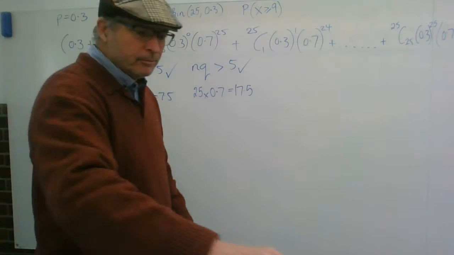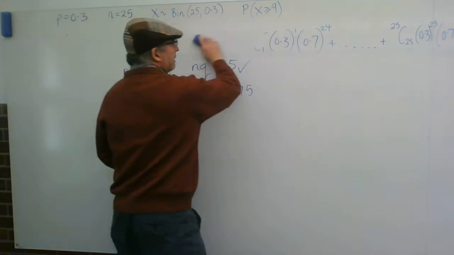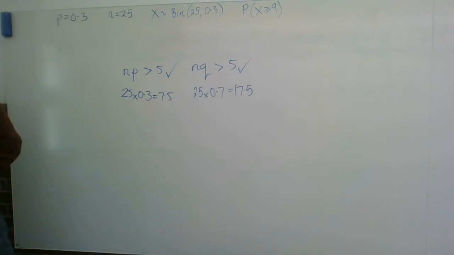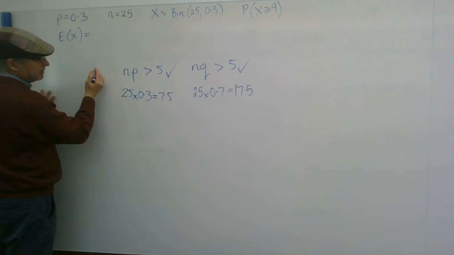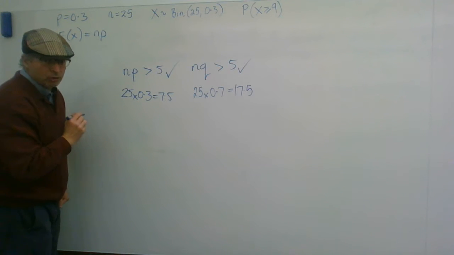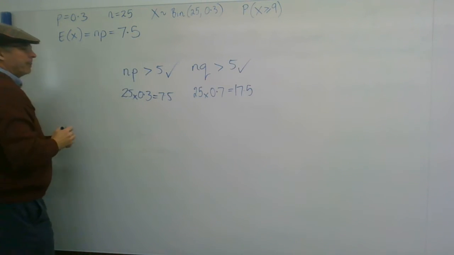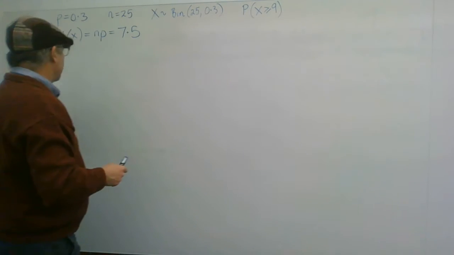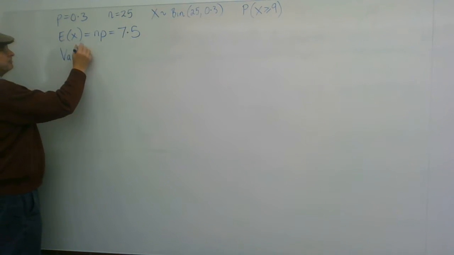So let me get rid of this up here now and write down what I'm going to keep. The expected value, or the mean, is np for a binomial distribution, which is 7.5. Otherwise, we can get rid of that now that we know we can use it. Another thing I'm going to need is the variance.